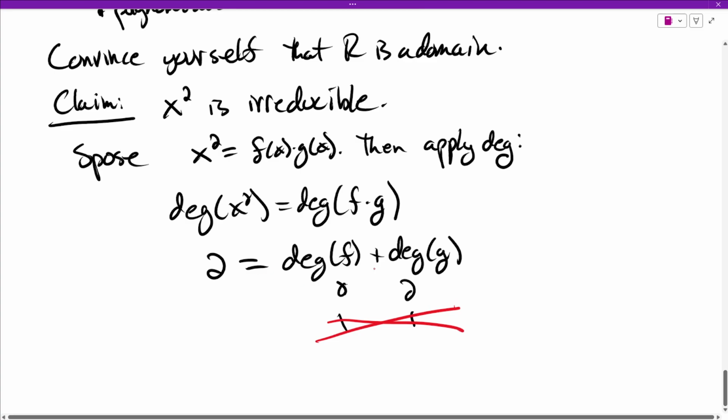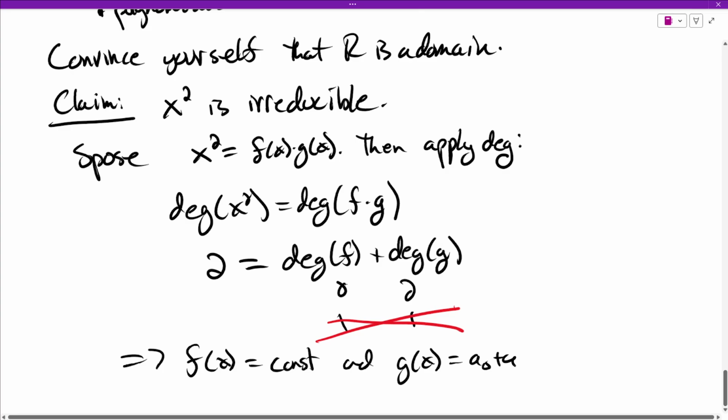In particular, the degree of f must be 0, and the degree of g must be 2. So this implies that f is a constant, and g looks like some a0 plus a2x squared. Let's write this constant as c.